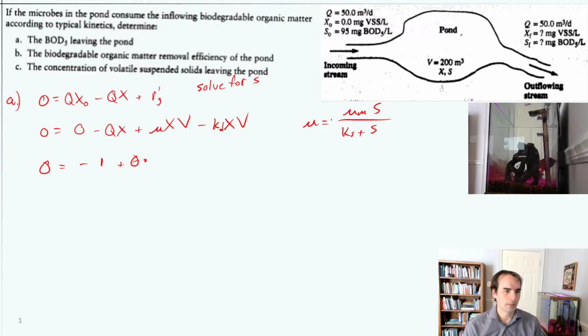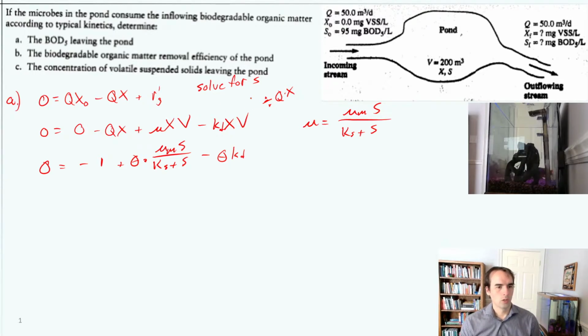So this will be theta times mu, which is mu max S divided by Ks plus S, all that minus theta, because we divided everything by Q, times Kd, and X goes away. So this is our simplified version of this portion after dividing by Q and X.